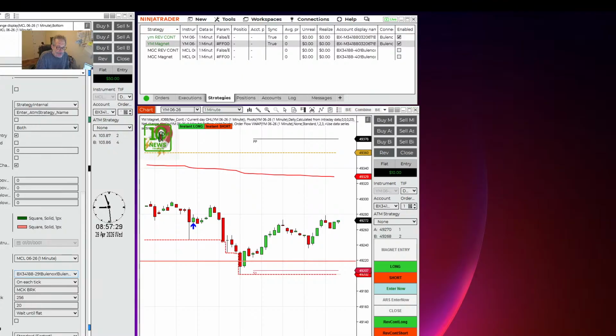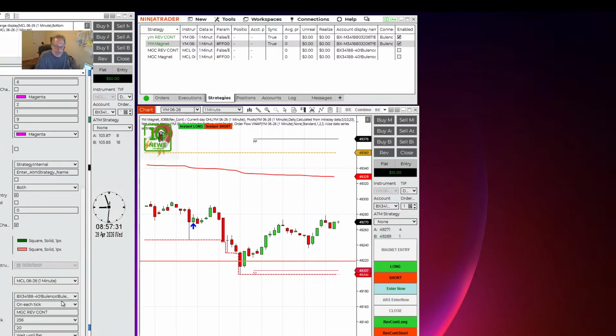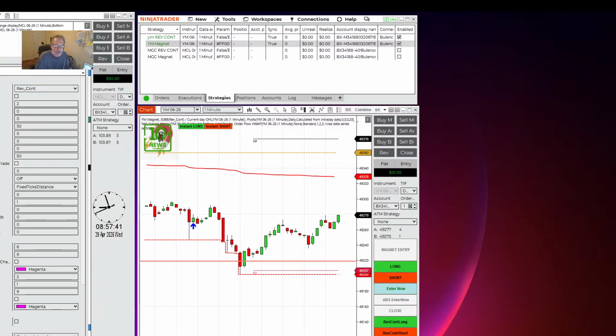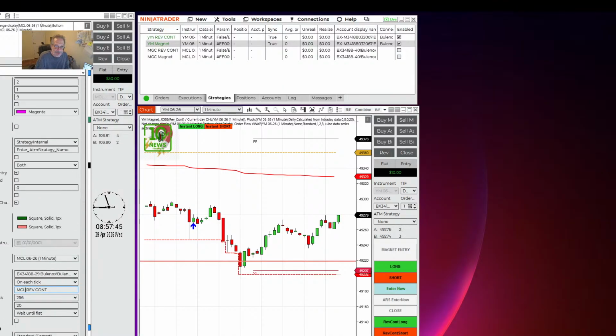I'm going to quickly update that reverse continue, put it on account number 29 also, label it MCL reverse continue, and I know I'm doing things quickly. I'll make my target 50, my stop 50 is fine. So we also have a reverse continue.